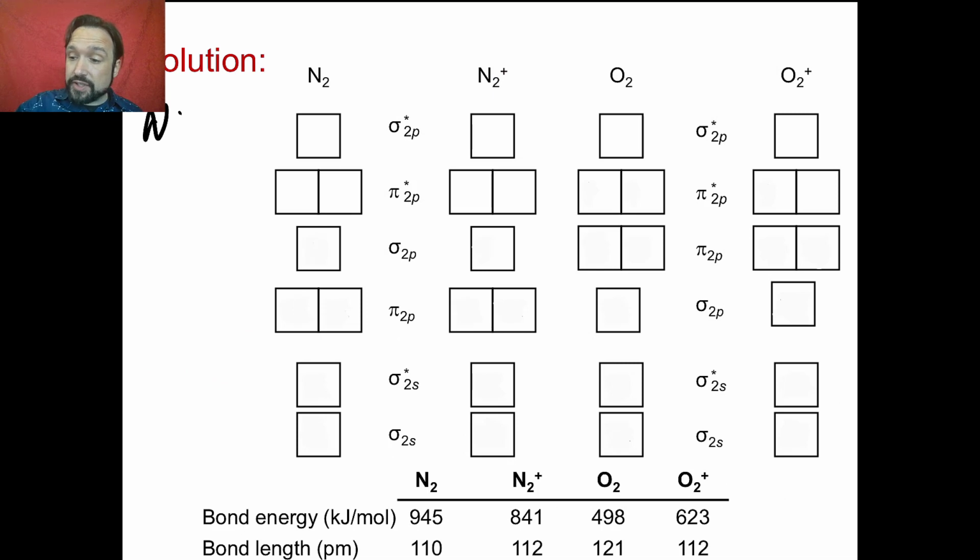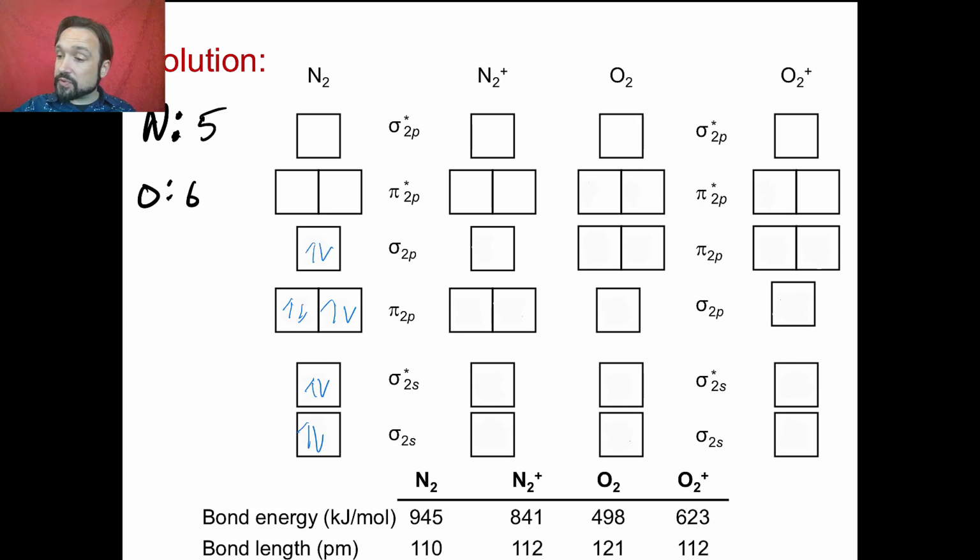Now we know for each nitrogen, we start off with 5 valence electrons. For each oxygen, we get 6, right? So that means that in N2, I should have a total of 10 electrons. All right, so I'm going to put in 1, 2, 3, 4, 5, 6, 7, 8, 9, 10.